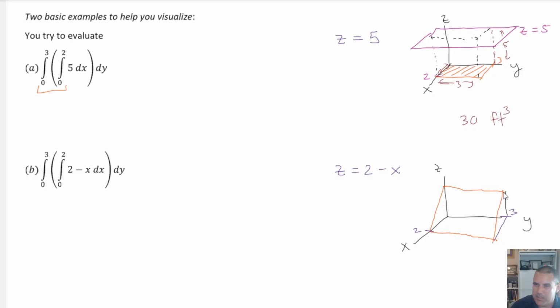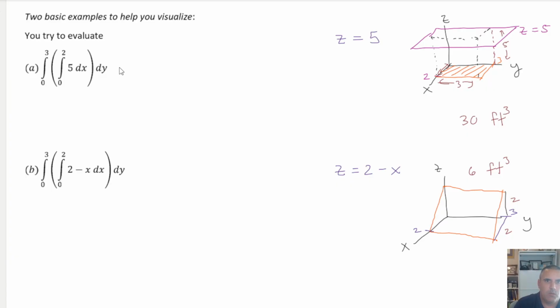And the volume of this would be, well, the area of the side is 2 by 2, because the height of this is 2. So the area of that triangle is 1/2 times 2 times 2, and then the length is 3. So I'm getting that this is 6 cubic feet. Okay, let's see if the double integral gets the same thing, and along the way, let's talk about some of the pieces.